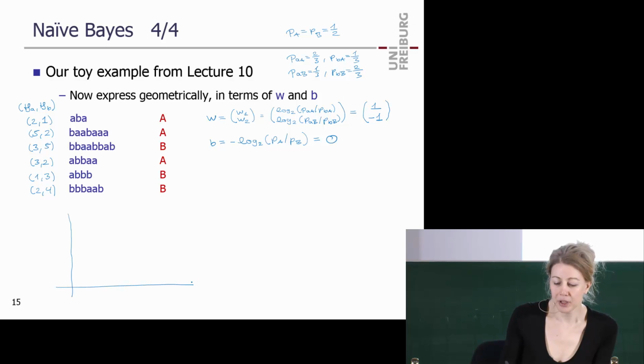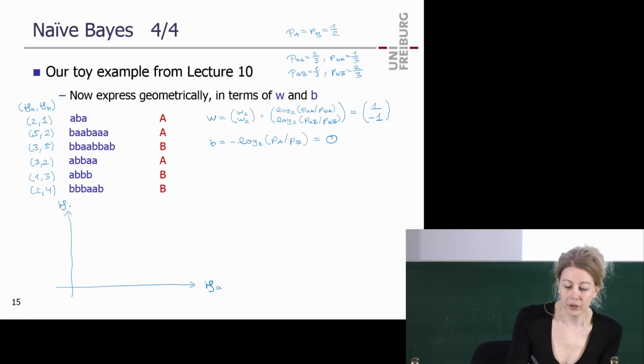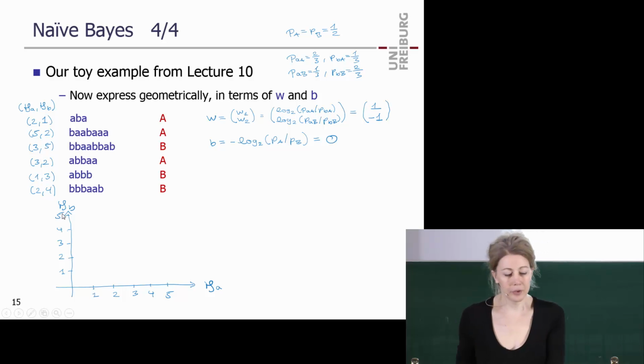Try to make a nice picture. So this is the number of A's. And this is the number of B's. And let me just mark 1, 2, 3, 4, 5, and 1, 2, 3, 4, 5.